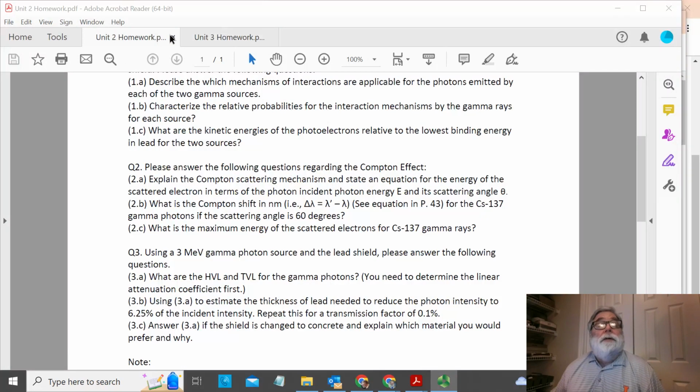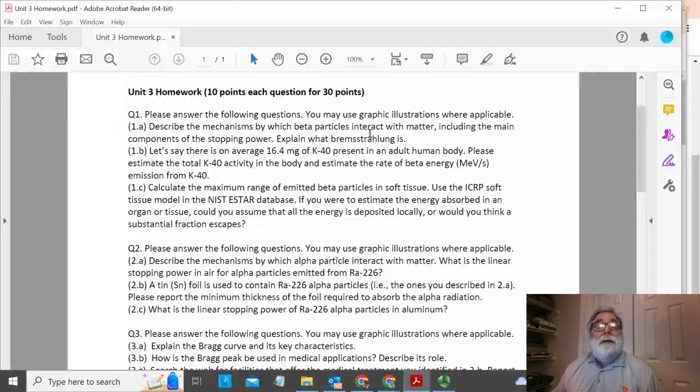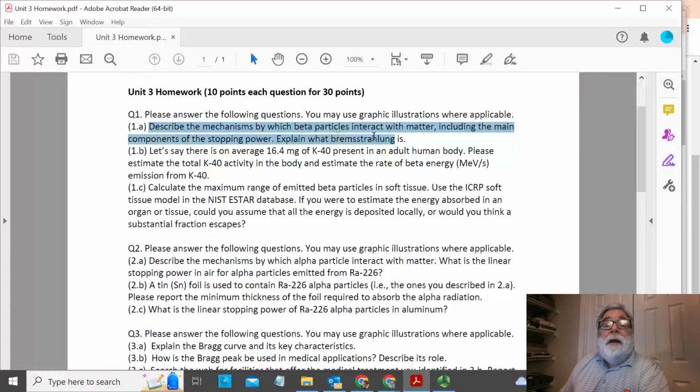So now I'm going to go to homework 3 and start with problem 1. Let's try to get this one resolved. Describe the mechanisms by which beta particles interact with matter and the main components of the stopping power. Beta particles, electrons, interacting with matter.